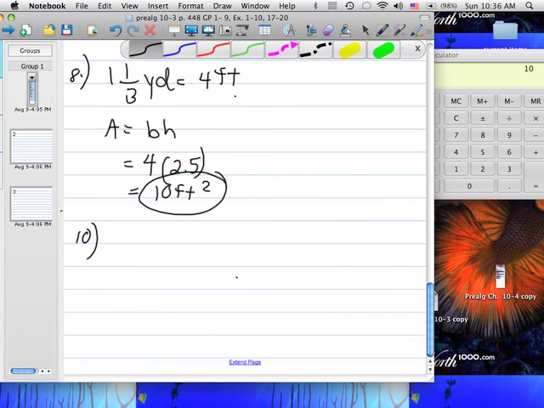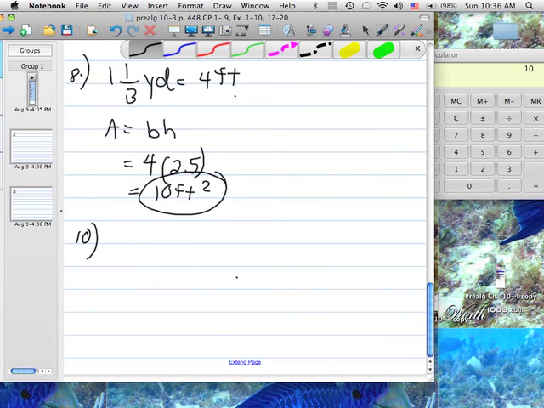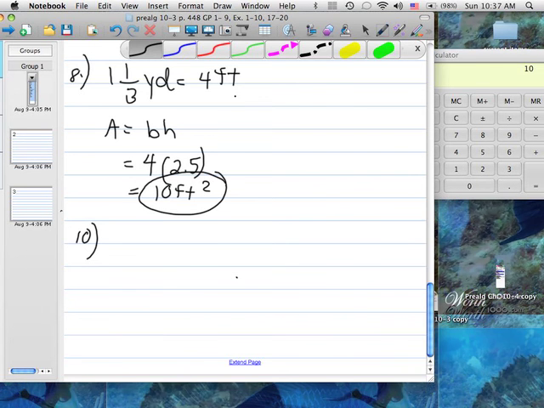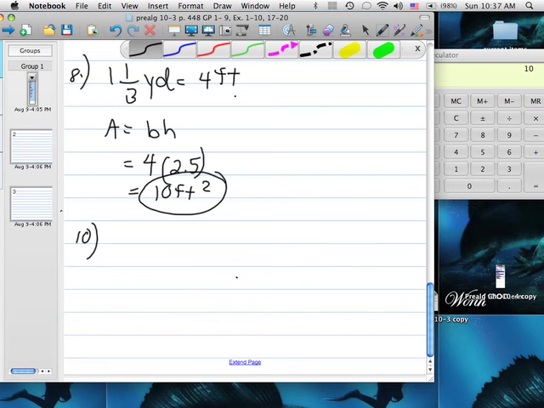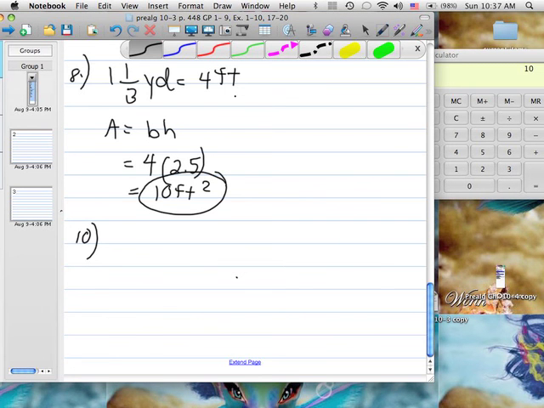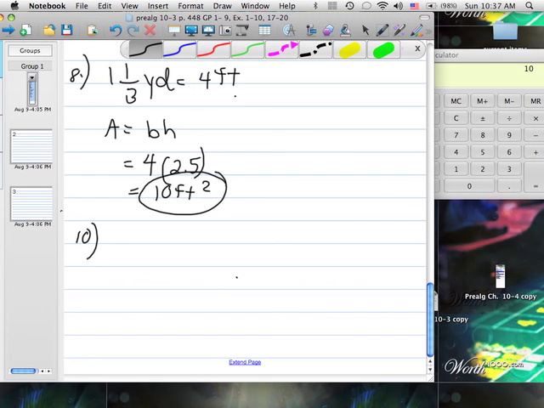We know it's length times width. So if we go through it, the biggest ones, look for the yards. The biggest length is 300 yards, and the biggest width is 200 yards, so it has to be the polo field.